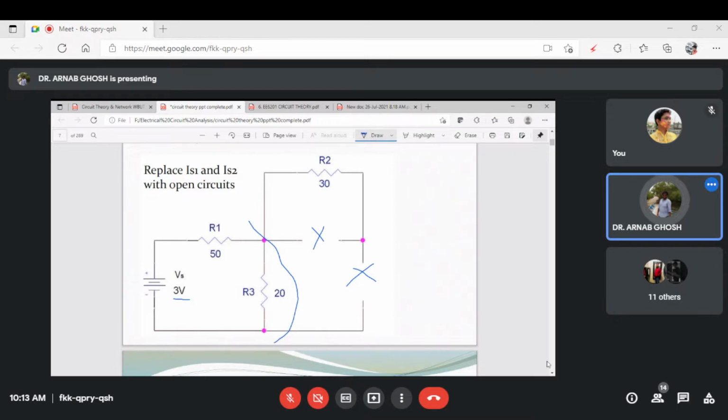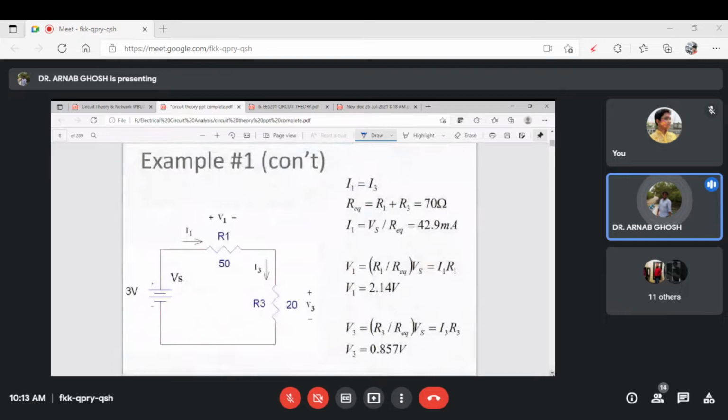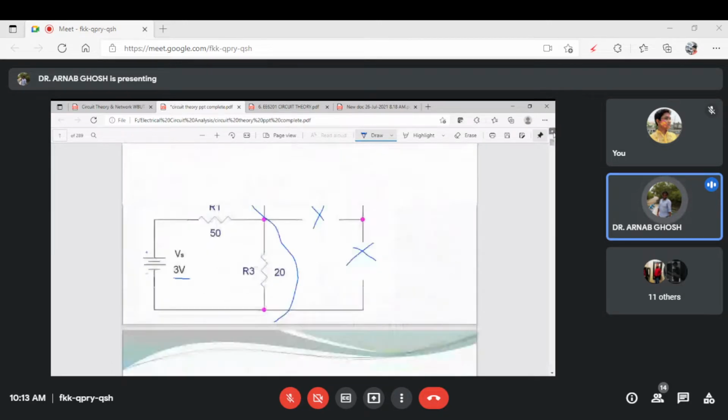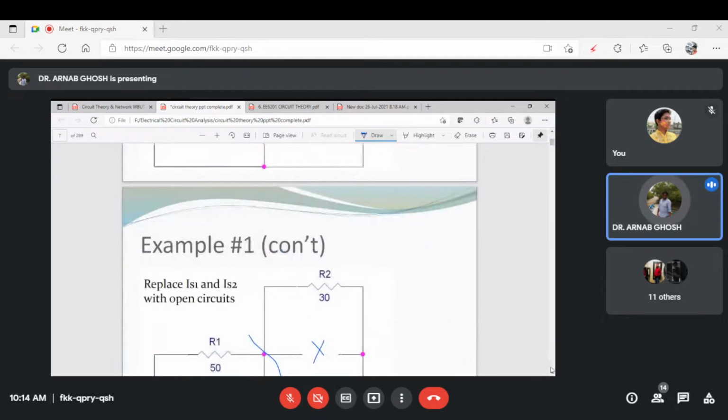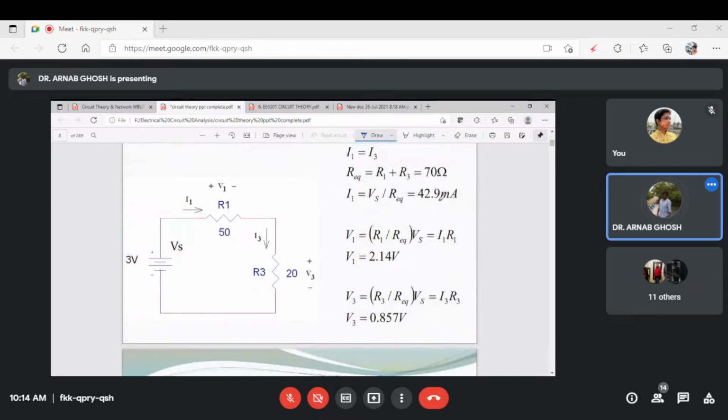So this is easy. You can calculate the branch currents across R1 and R3. These two parts of the circuit are eliminated completely as there is no current in them. So you are left with the total resistance as 70 ohm, and 3 volt. This is 3 volt divided by this 70 ohm, the equivalent resistance because both are in series.